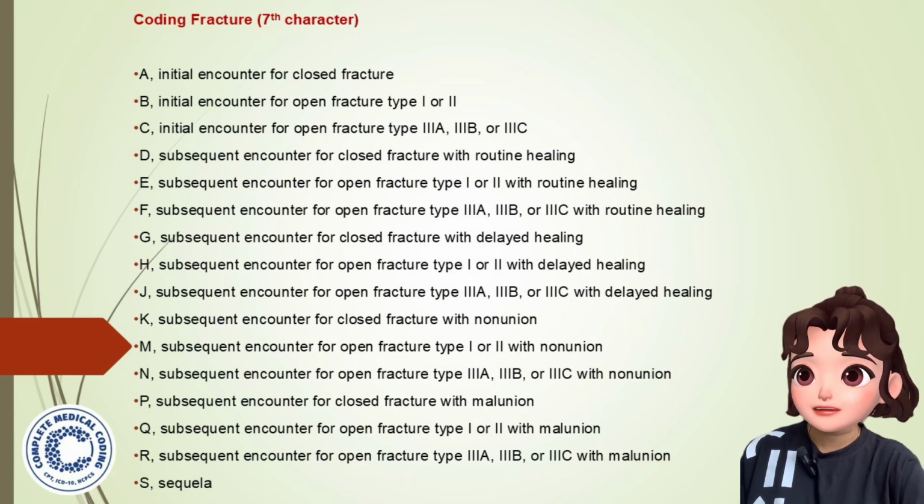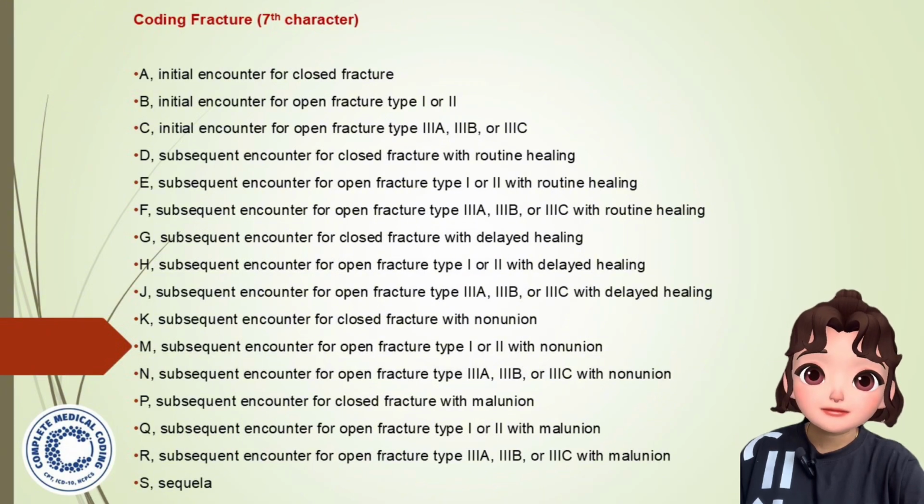Now K, M, N for non-union. K for subsequent encounter closed fracture with non-union. M, subsequent encounter open fracture type 1 or 2 with non-union. N, subsequent encounter for open fracture type 3, A, B or C with non-union.